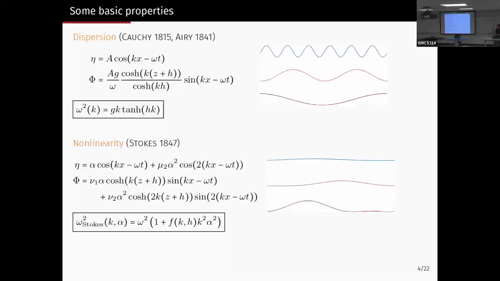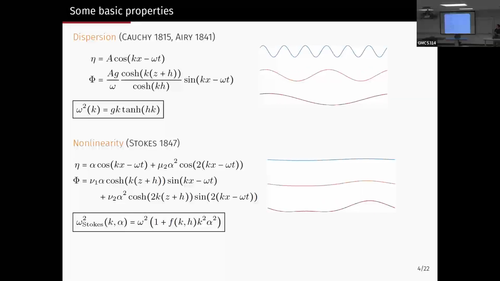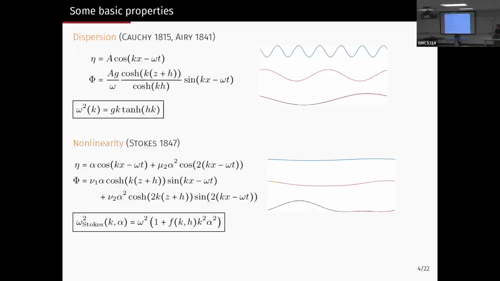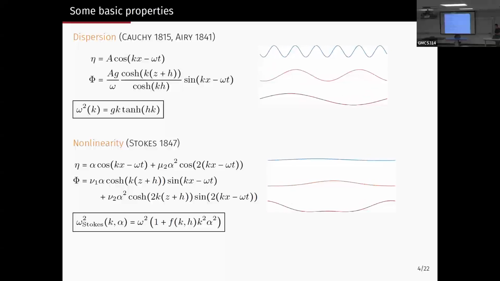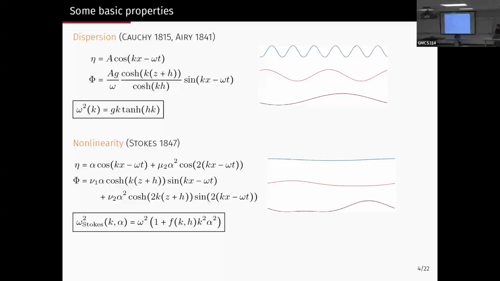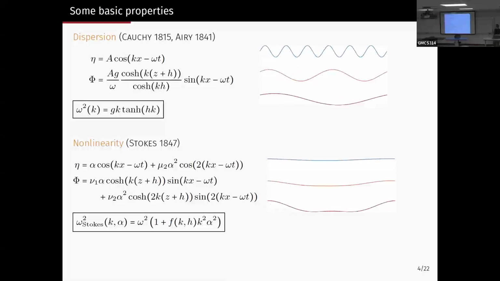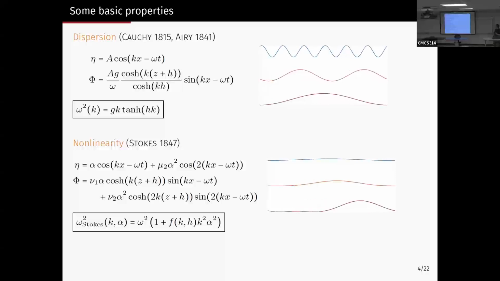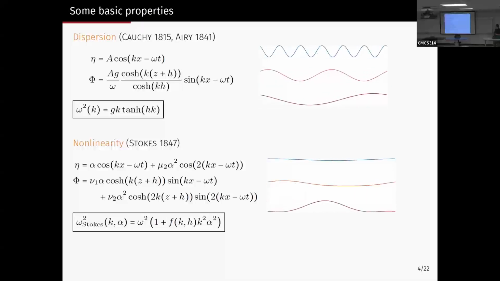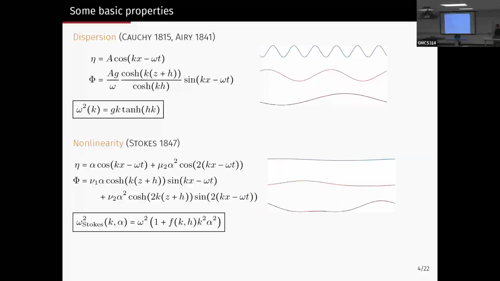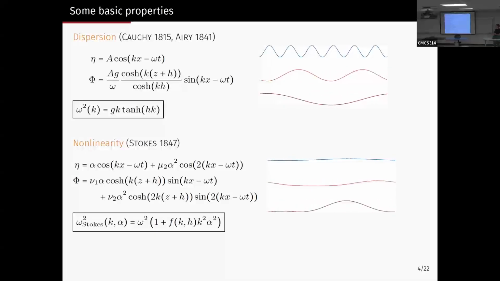The other important thing is that water waves are also nonlinear. So, for example, Stokes in 1847 solved the problem at second order, if you want, and deduced that the frequency of propagation also depends on the wave height.